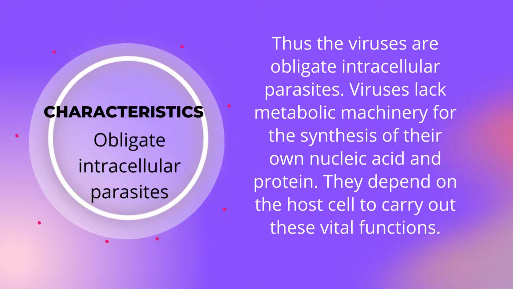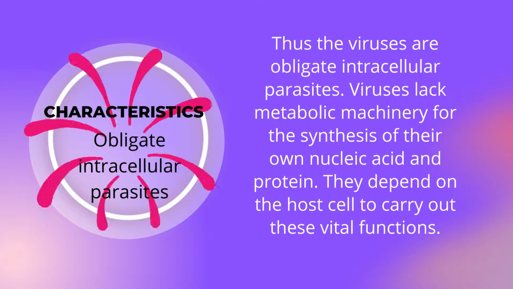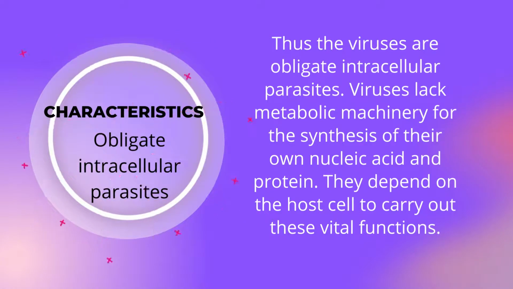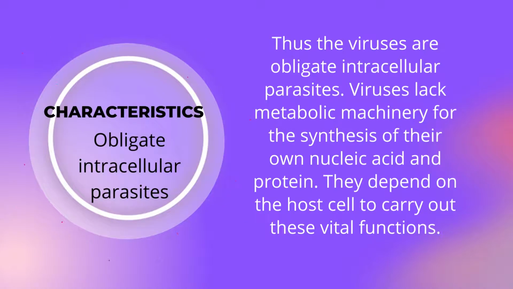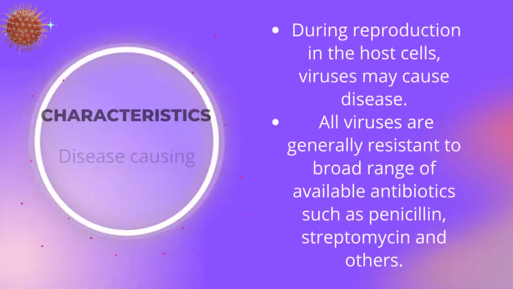It is an obligate intracellular parasite because it can't reproduce or replicate or produce multiple copies of itself without a living organism, without being inside a living body. This is also a very important characteristic, and also a short question.